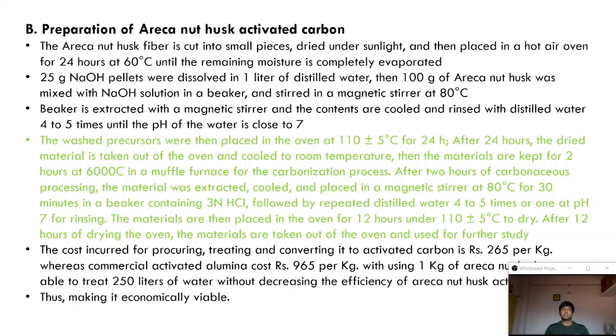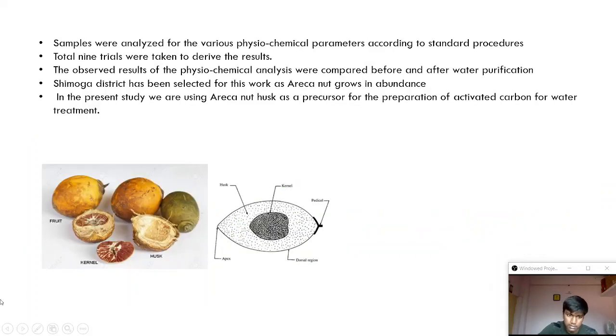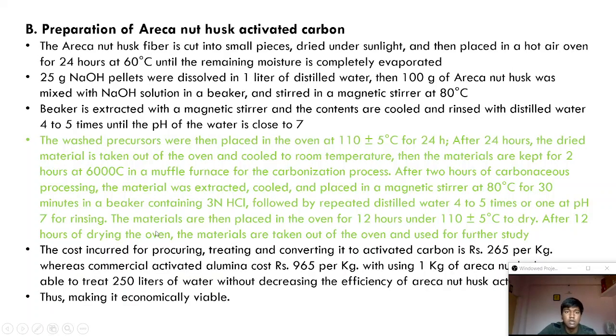So here's the process: preparation of areca nut husk activated carbon. The areca nut husk fiber, that is this fiber, is cut into small pieces, dried under sunlight, and then placed in a hot air oven for 24 hours at 60 degrees Celsius until the remaining moisture is completely evaporated.